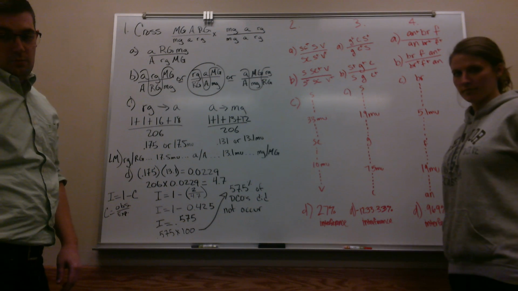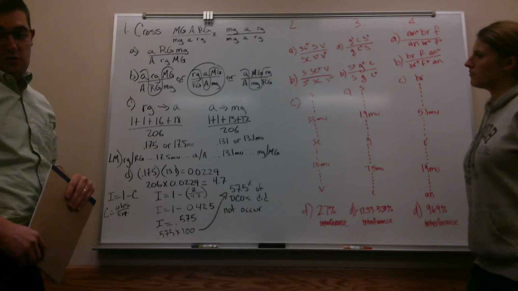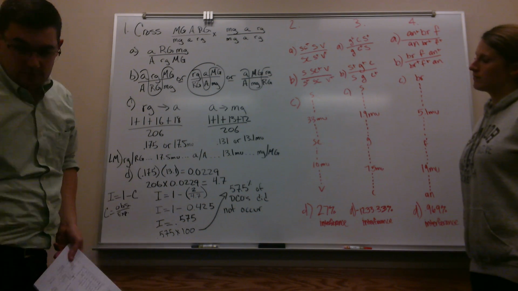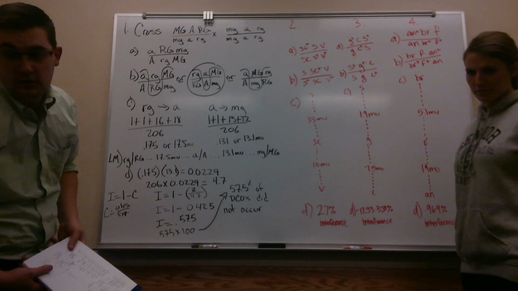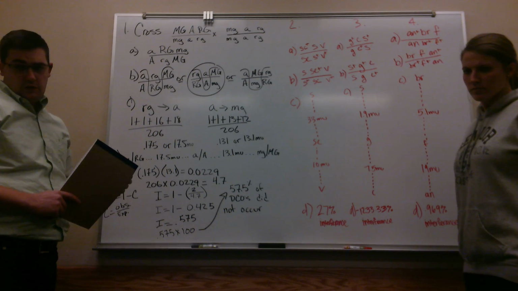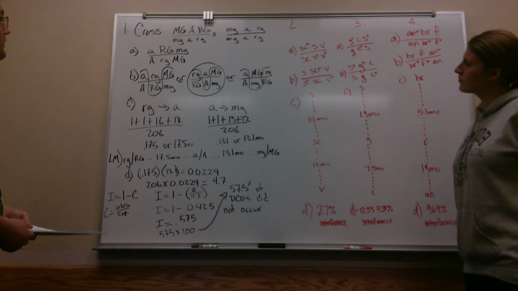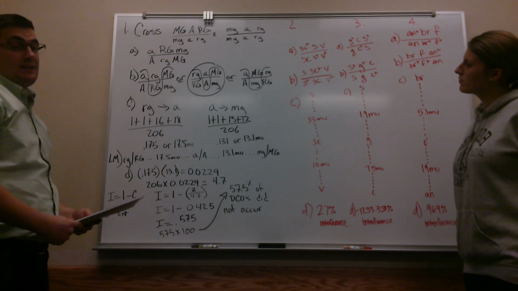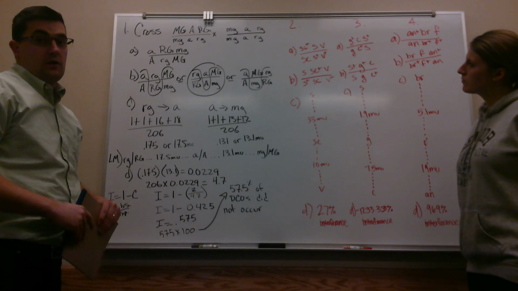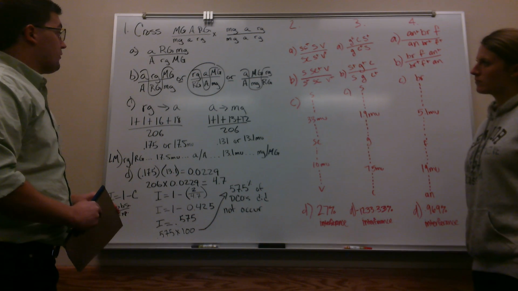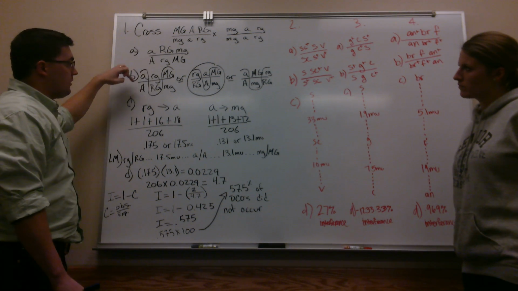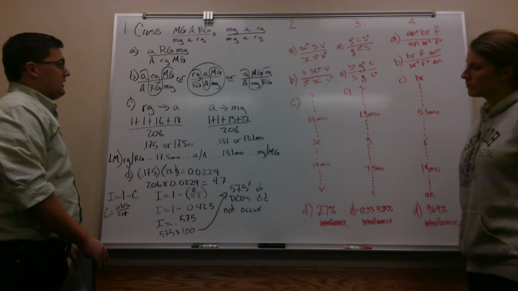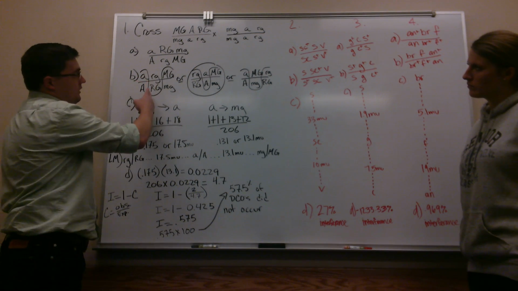For B, determine the gene order for these 3 linked genes. To do that, we followed the steps. You need to take the least numerous offspring and write them out. Then you switch the middle allele for each of them.